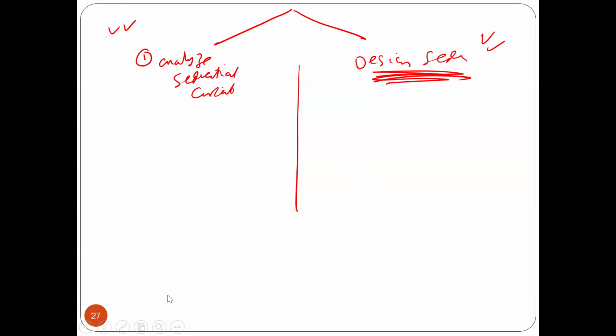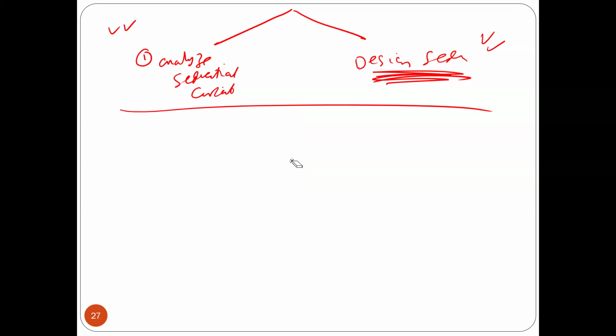What do you mean by analyze? I will give you a circuit, and then I will ask you to analyze it. I want to make an analogy here to combinational circuits. What I'm doing right now, guys, is explaining what I mean by analyze.